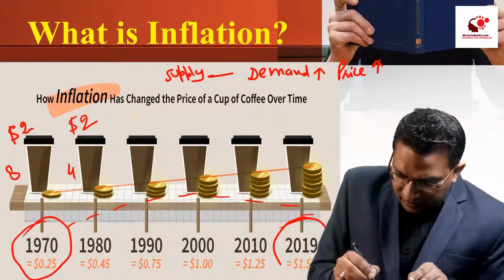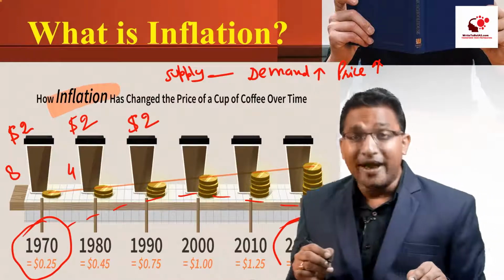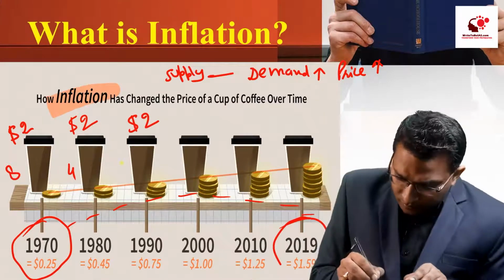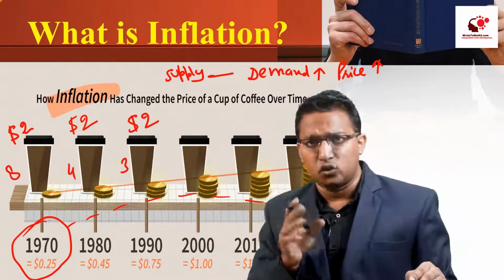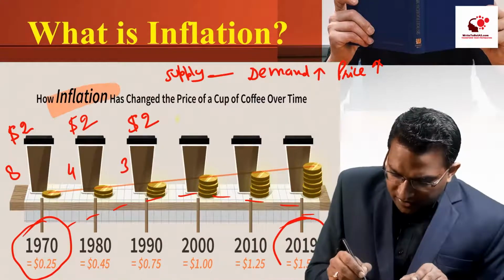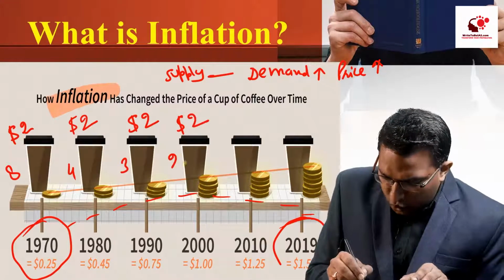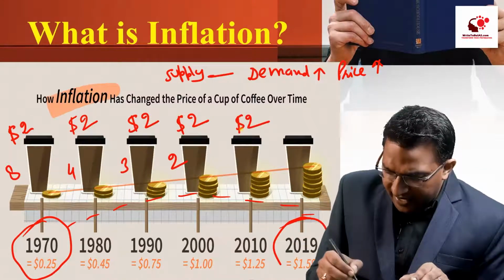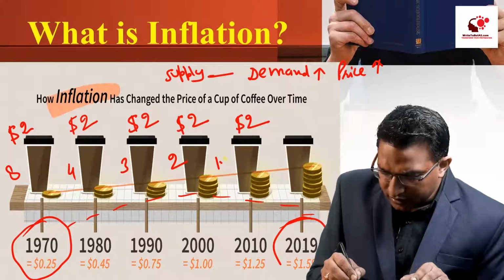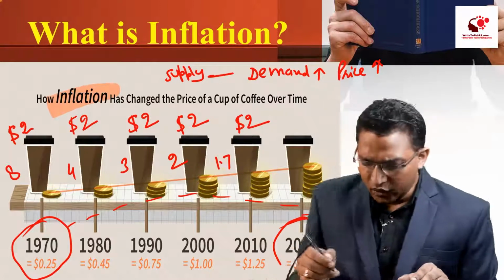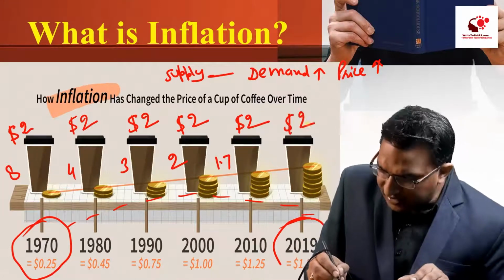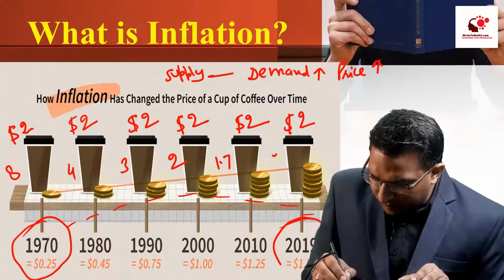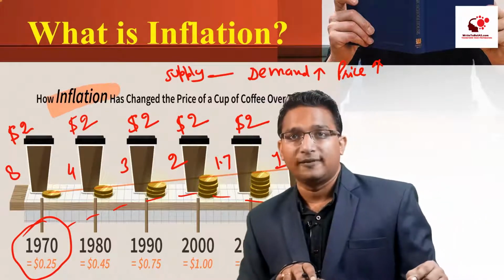In 1990, with the same $2, between 2 to 3 cups. In 2000, the buyer can buy 2 cups. In 2010, approximately 1.7 cups. And now in 2019, with the same $2, the buyer will be able to buy only 1 cup of coffee.